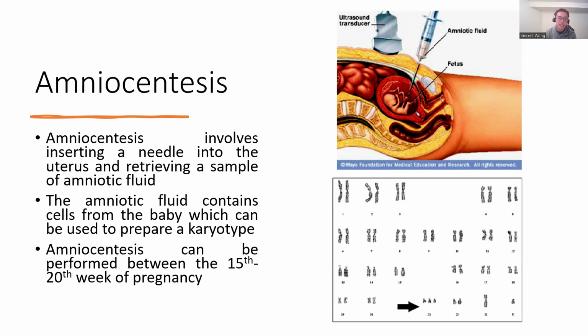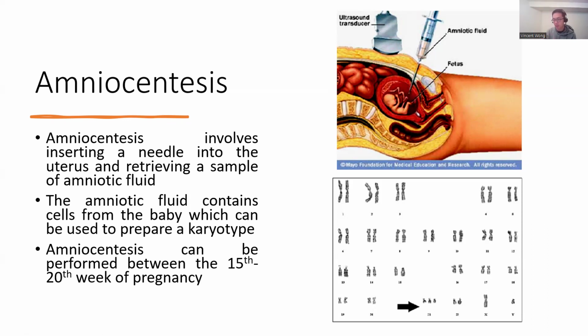That fluid contains cells that are washed off from the baby. So what the doctor can do is use ultrasound as a guiding tool. They could insert a needle through the belly button, I believe, and extract a little bit of the amniotic fluid.